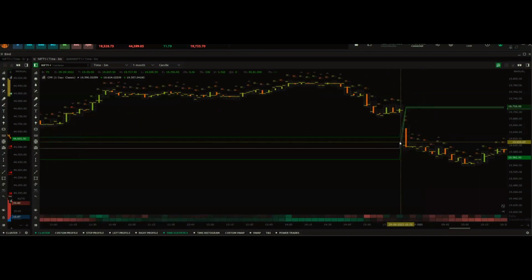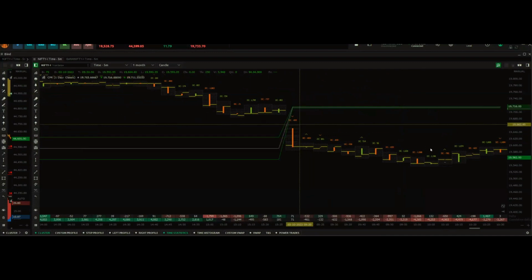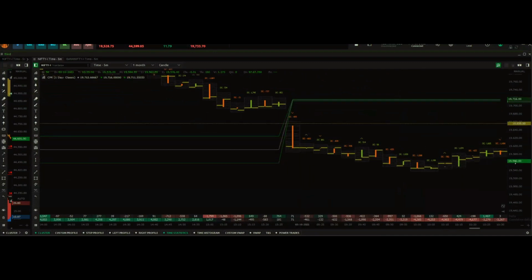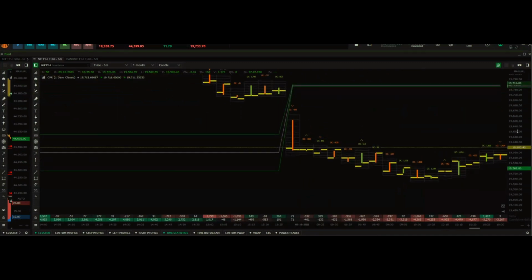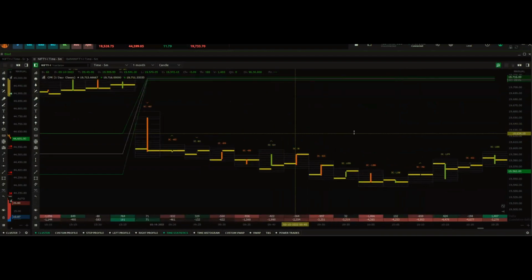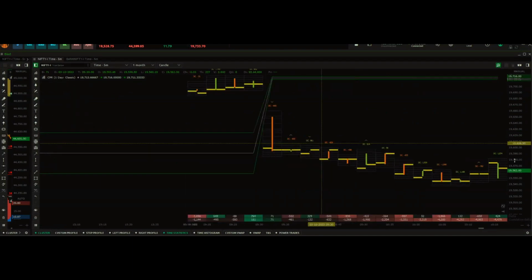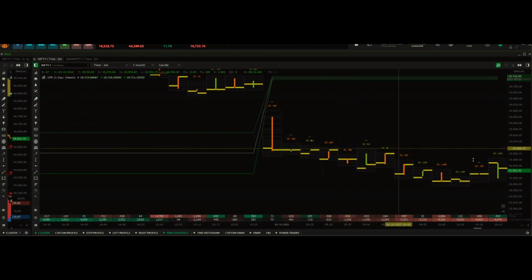Now, when the structure and trend of the previous day is to the upside and we start opening lower, the first thing I would like to see is if sellers are adding to their positions and will trigger the start of a new down move, or if the buyers present from the previous day will try to defend, will try to absorb the selling that's happening and will stop the down move.